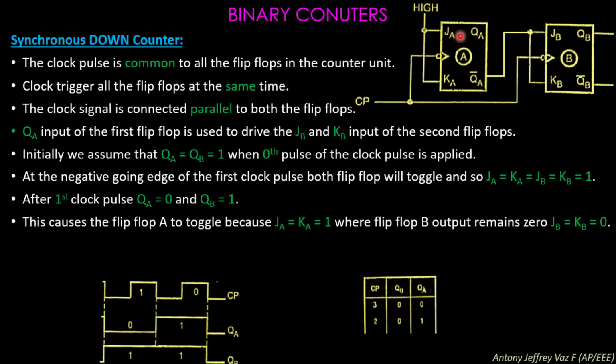Since JA and KA are connected to the high value, whereas JB and KB are connected to the QA of the first flip-flop, these two values remain 0, because QA value is 0, but JA and KA are high.